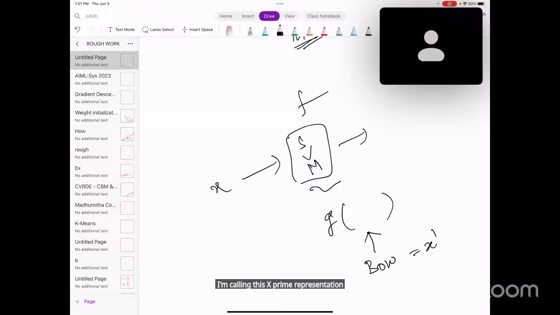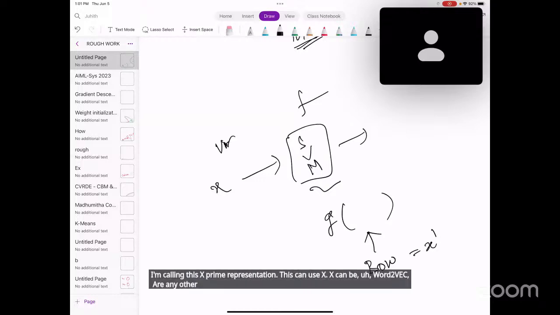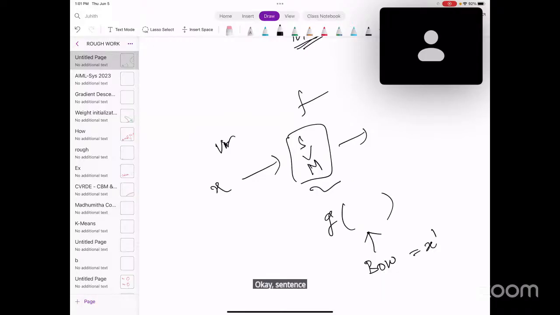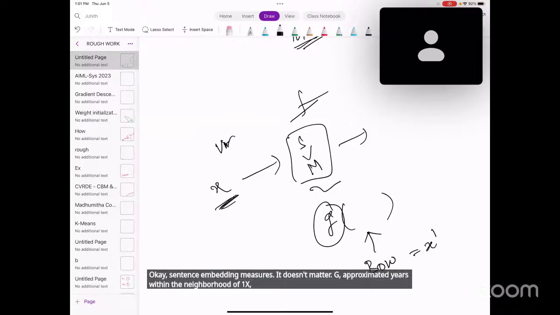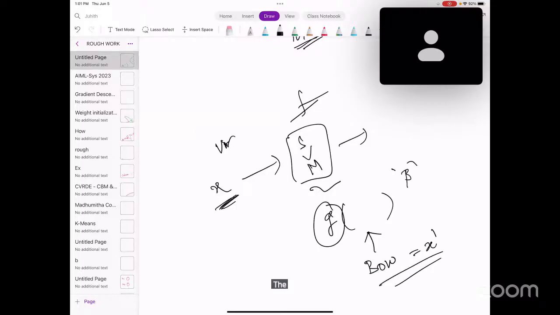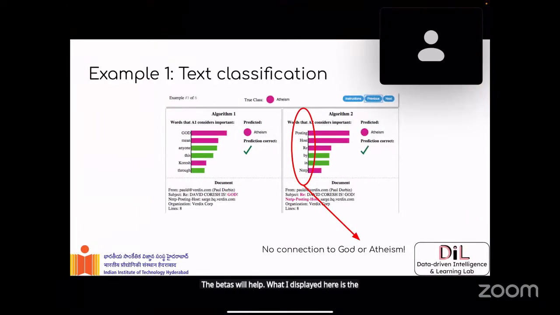F can use X, which can be word2vec or any other word embedding, sentence embedding. It doesn't matter. G approximated F within the neighborhood of one x, and it has given us an explainable, inherently interpretable model. The betas will help. What I displayed here is the betas. Remember, the longer the bar, the more the weight. Okay, is this clear?